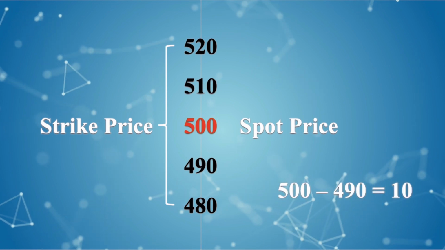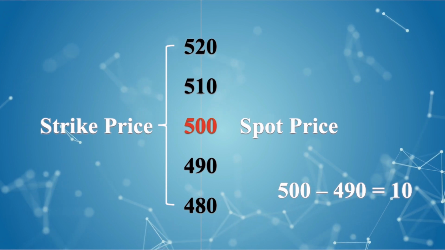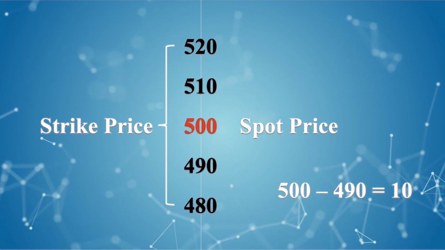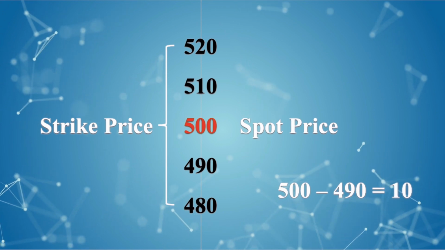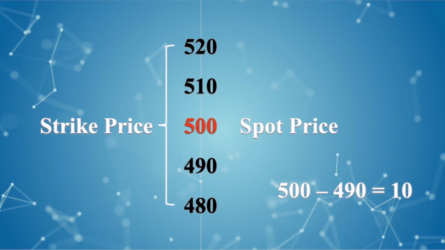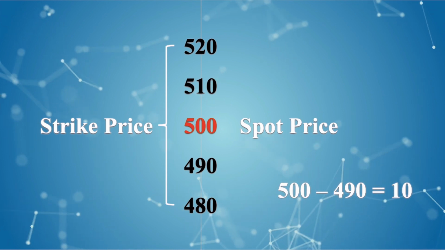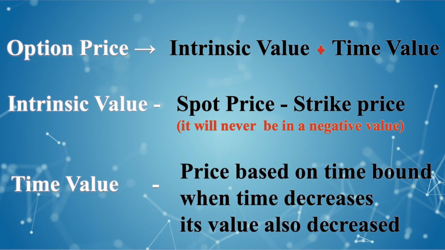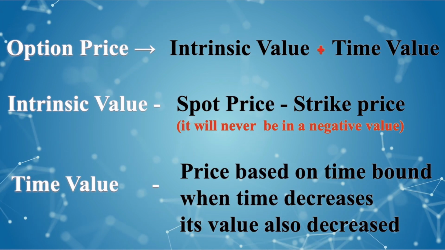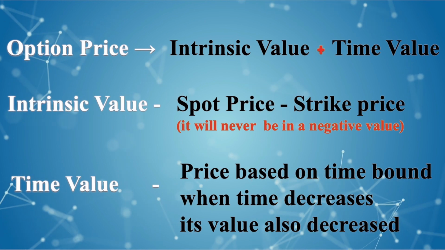Then difference between 500 and 490, 10 rupees, is your intrinsic value. If your strike price is 510, then your intrinsic value will not be minus 10 because intrinsic value is never a negative value. Time value is value based on time bound, which decreases when the time decreases. Time value becomes 0 at the time of expiry.